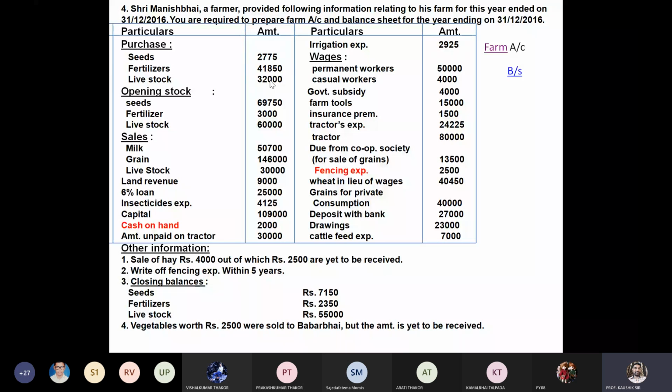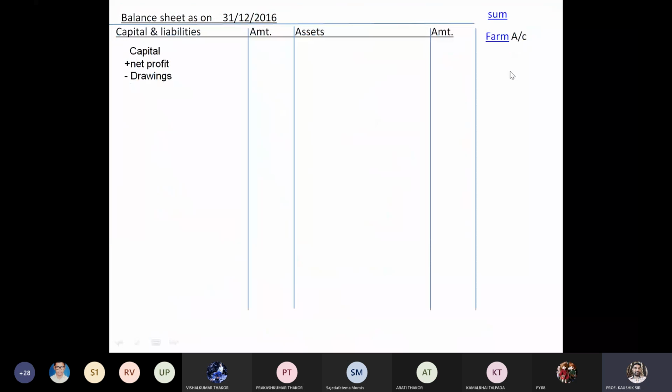So for writing the livestock, we go to the balance sheet. Here is the balance sheet in front of you. Balance sheet as on 31st December 2016. First of all, the opening balance will be written.